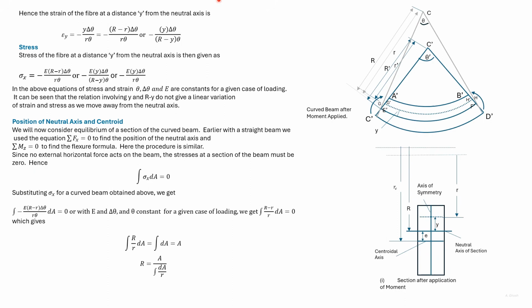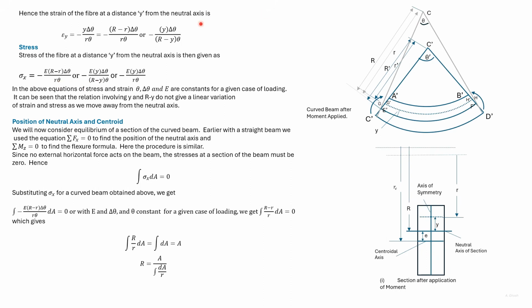Now y can be written as capital R minus r, and small r can be written as capital R minus y. So strain can be given in three different forms. Multiplying the strain by the Young's modulus, we get stress, which again is given in three different forms.